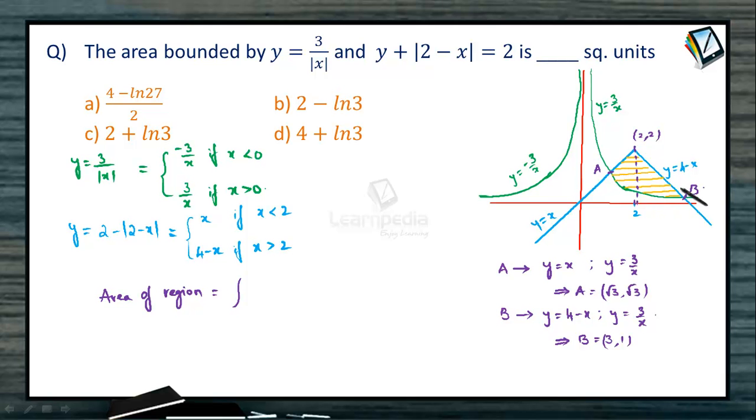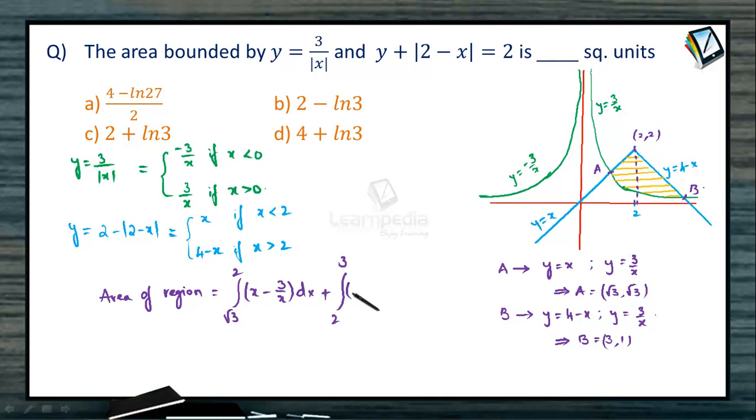So we know the coordinates of B and coordinates of A. So we require this total area. Then the first region, that is to the left side of the line x equal to 2, is bounded between the limits root 3 to 2. Yes, which curve is above? The line x minus the lower curve 3 by x, dx, plus the region to the right side of the line x equal to 2. It starts from 2 and the region is extended up to B having abscissa 3.